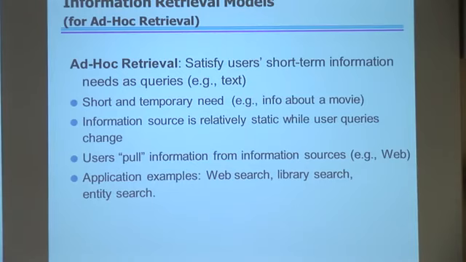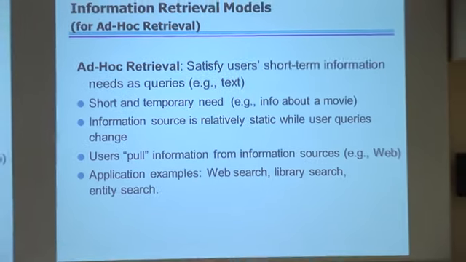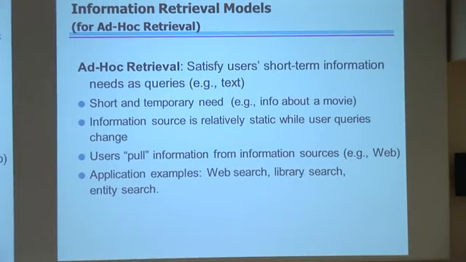Basically, this means that we have a user query, which is generally posed in text, representing the user's information need. Those user queries are generally short and represent temporary needs, for example, information about current movies, so on and so forth. Well, the user queries are dynamic, but information sources are generally relatively static.